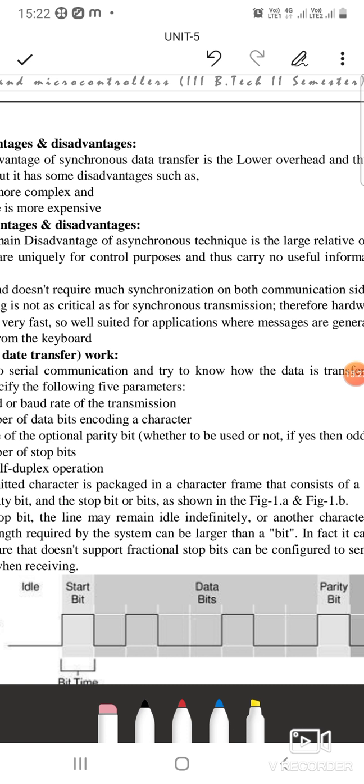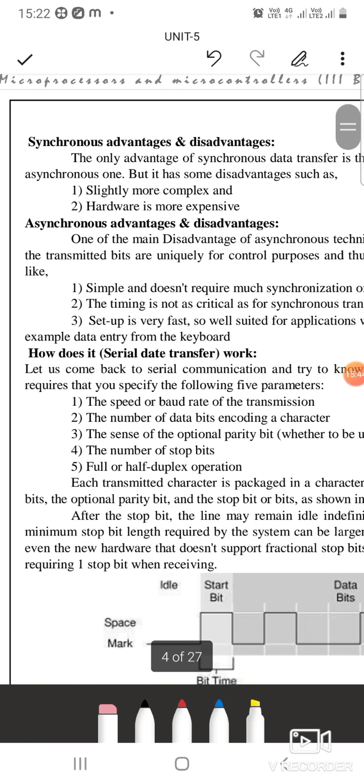Whatever data you transmit comes at the speed of the data itself, so the speed is high in synchronous communication compared with asynchronous. That is an important advantage. The disadvantages are that it is more complex and the hardware is expensive.